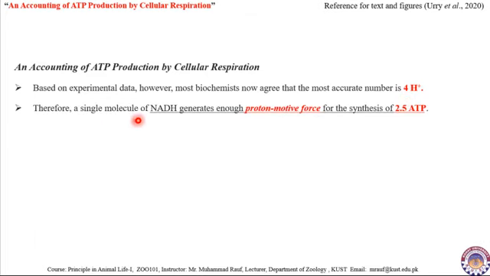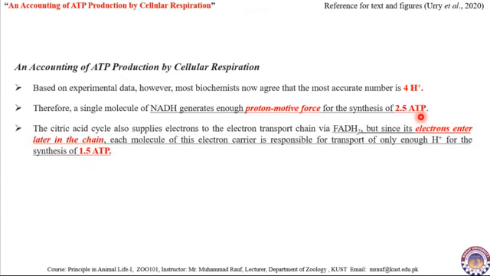Therefore, a single molecule of NADH provides enough energy to draw 10 protons into the intermembrane space, and 4 protons must sneak in through ATP synthase to produce 1 ATP. So a single NADH molecule provides enough energy to synthesize 2.5 ATP molecules.